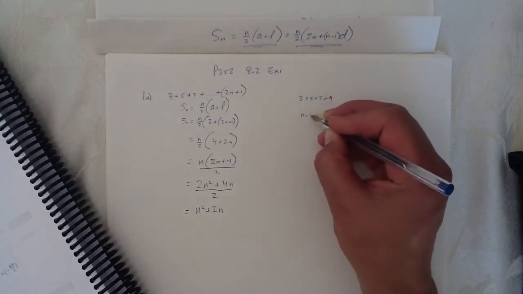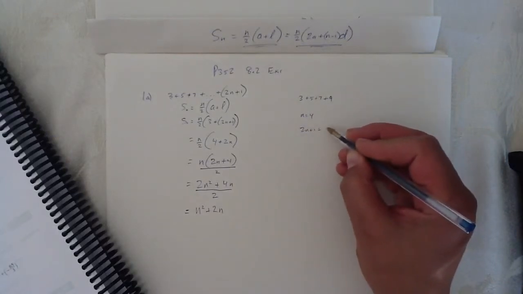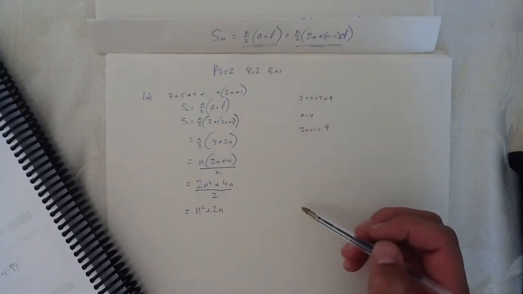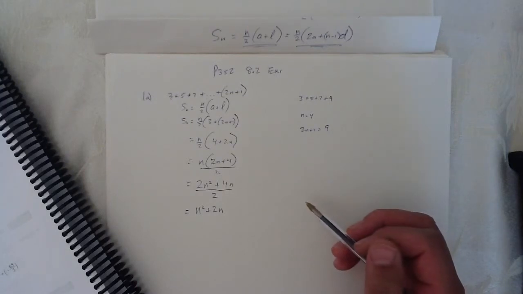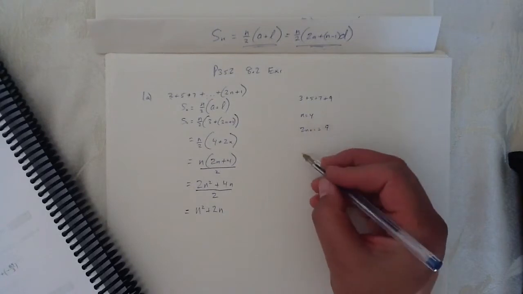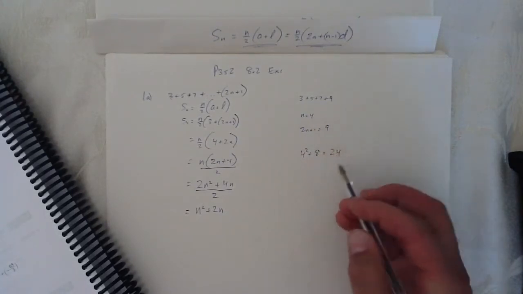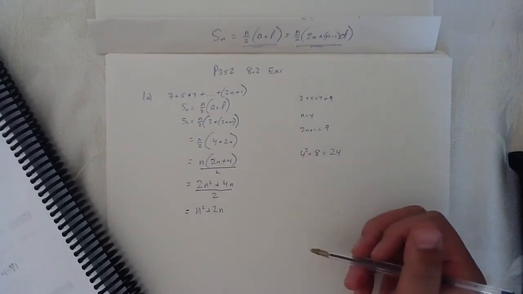And n equals 4, so 2n plus 1 equals 8 plus 1 equals 9. That's true, that's all working. And the sum should be n squared plus 2n. So 4 squared plus 2n, which is 8, equals 24. 4 squared being 16, plus 8 is 24.